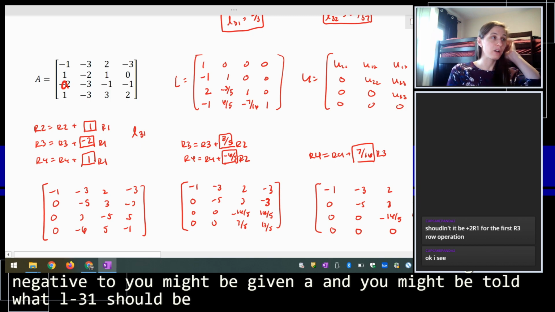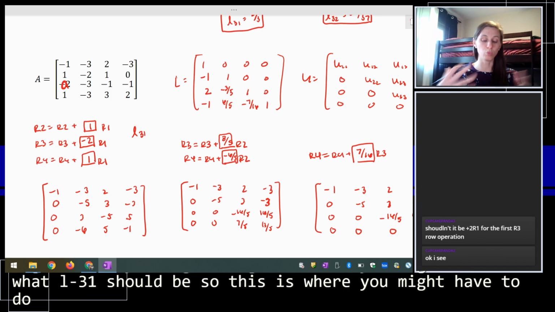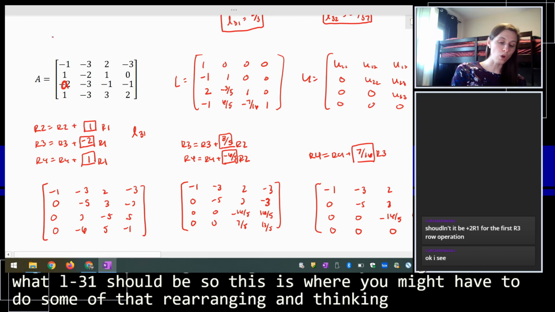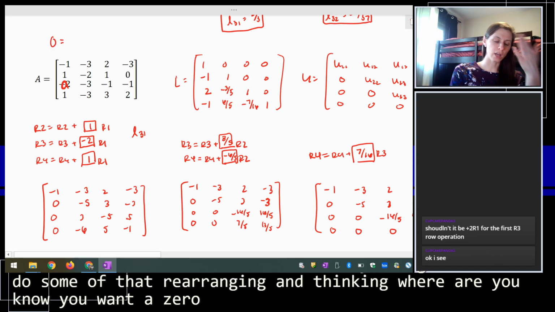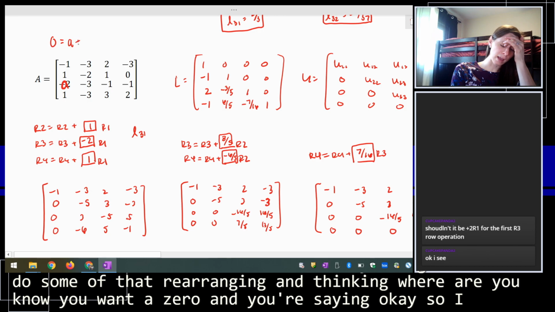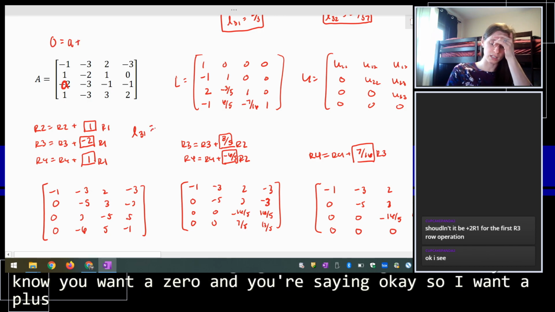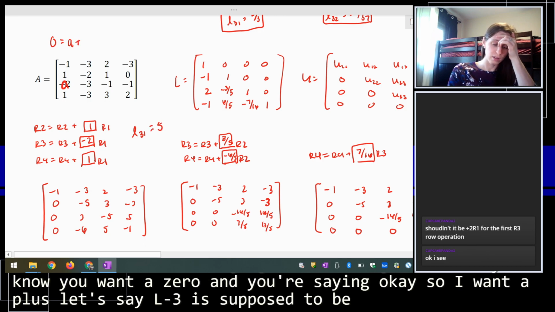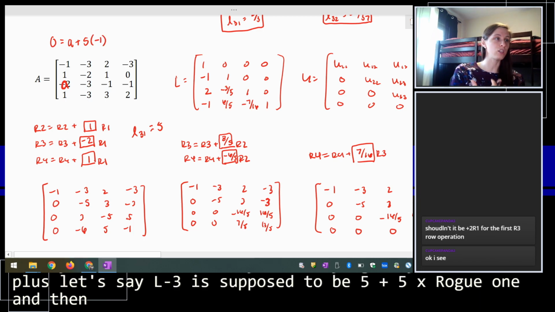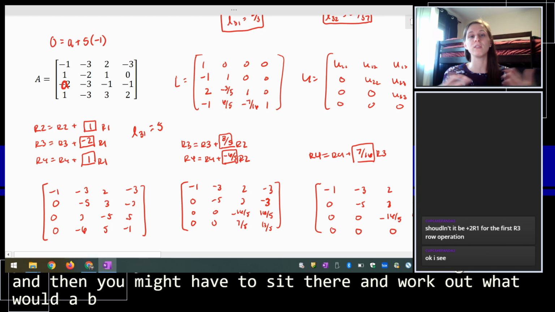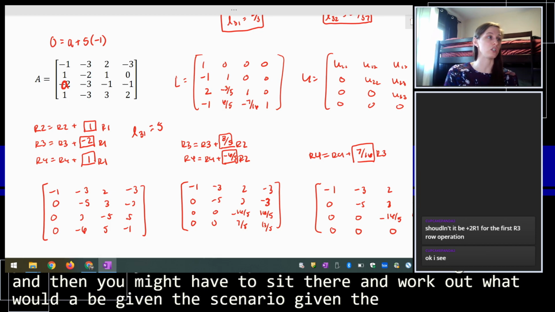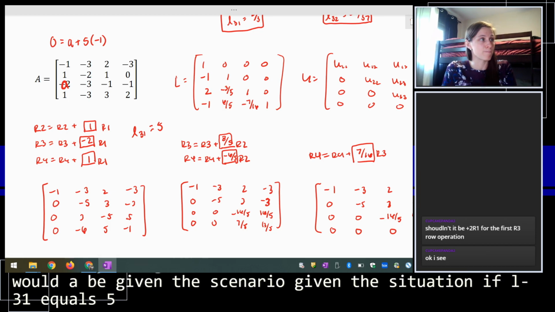So this is where you might have to do some rearranging and thinking, where you know you want a 0, and you're saying, okay, I want A plus, let's say L31 is supposed to be 5, plus 5 times row 1. Then you work out what A would be given this situation, if L31 equals 5.